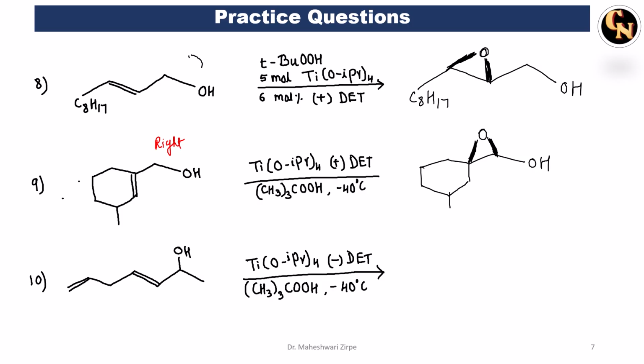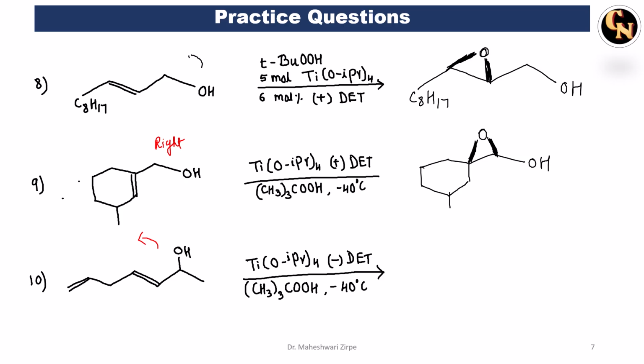Now the last one is minus DET, and if you try to rotate this, which side is the OH going to go? When you rotate it, the OH will be on the left hand side.